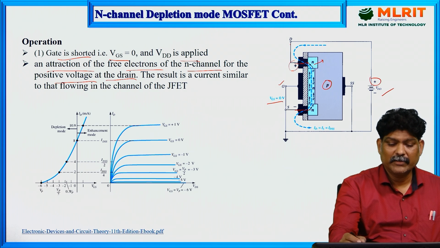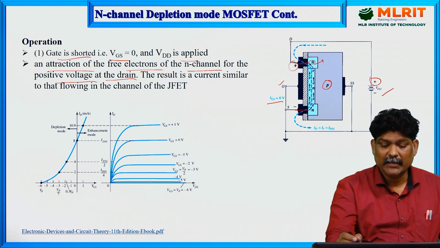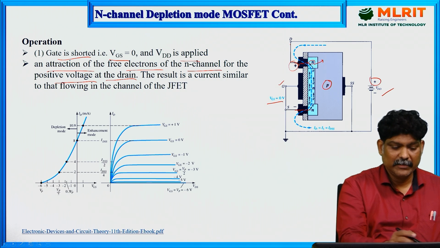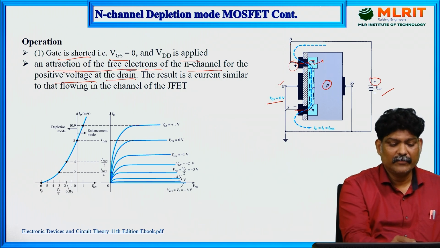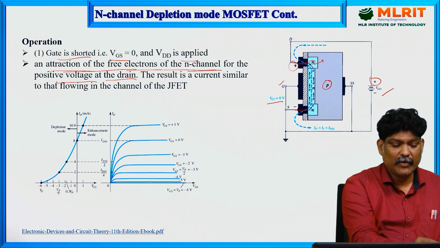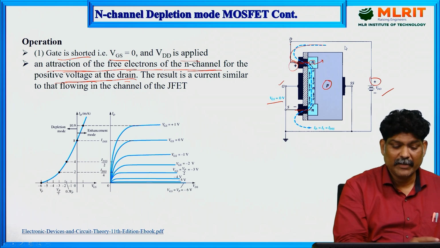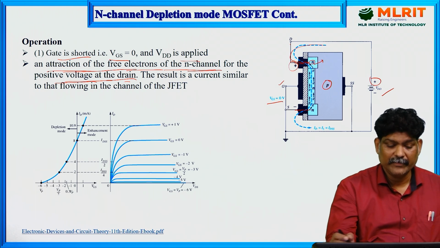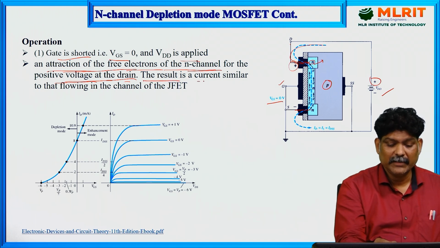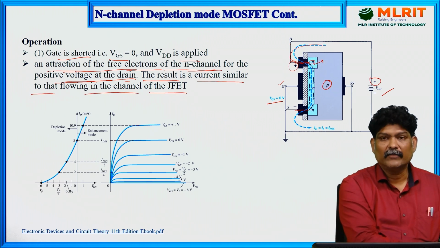So there is an attraction of free electrons of the N channel for the positive voltage of the drain. These electrons are attracted towards the positive terminal of the biasing voltage VDD, so the result is a current similar to that flowing in the channel of the JFET.